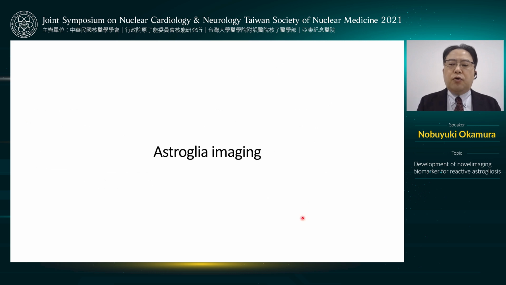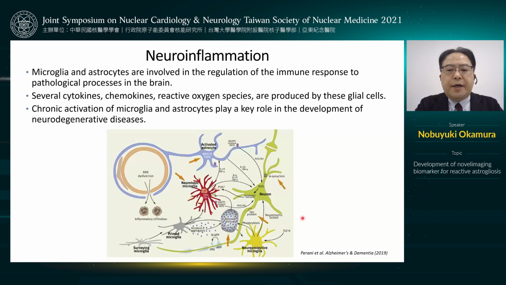Finally, I will introduce a novel PET tracer for imaging reactive astrogliosis in Alzheimer's brains. Neuroinflammation is an important mechanism in defense response to pathogenic events in the brain. Microglia and astrocytes, two major types of glial cells, are involved in the regulation of the immune response to pathogenic processes in the brain.